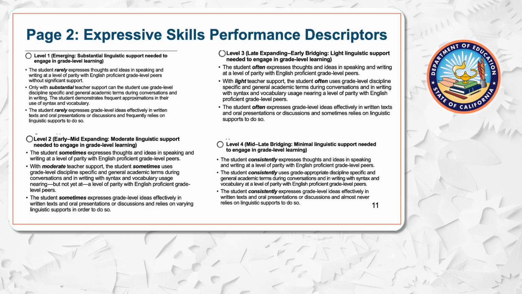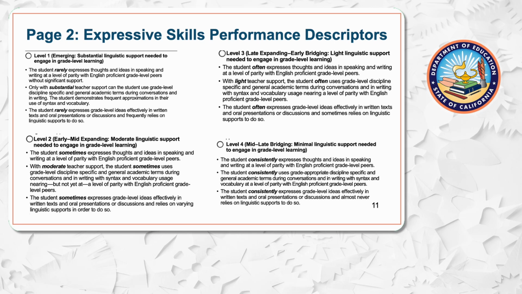I now turn to page 2, expressive skills performance descriptors. I now need to consider the preponderance of evidence around my students' English language proficiency level in speaking and writing, the expressive skills. Before I do, you might wish to pause this video and consider how you would fill it out on your own.